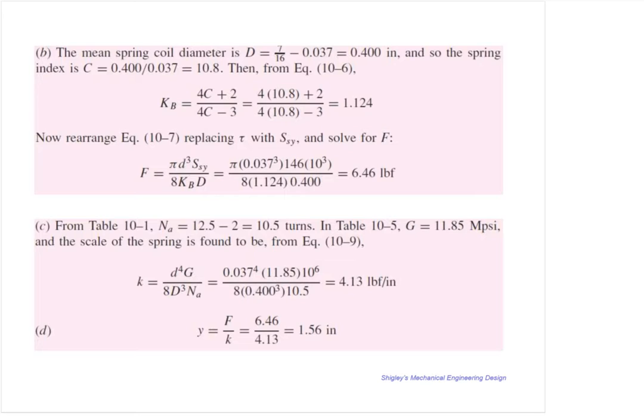we're going to go back to some of the earlier formulas here, equation 10.6 and 10.7. Well, first, like I said before, item 1 for finding this is to find C, and then find your concentration factor, and then since we want to know the force corresponding to yield, we rearrange 10.7, and since it's going to yield, we're saying the actual shear stress is SSY, so it is yielding.